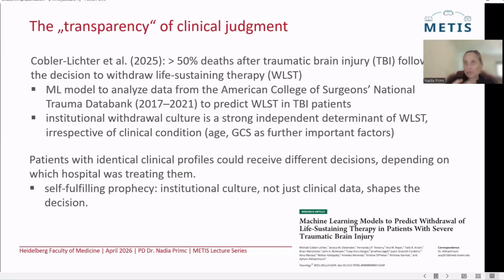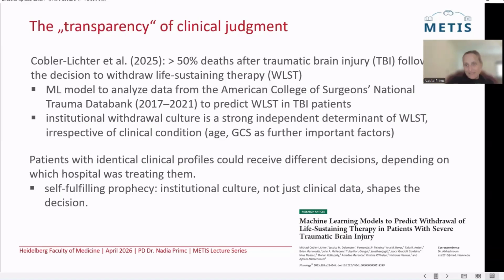In other words, two patients with identical clinical profiles, so let's say identical APACHE-2 scores and identical SOFA trajectories, could receive different treatment decisions, simply depending on which hospital they happen to be treated in.